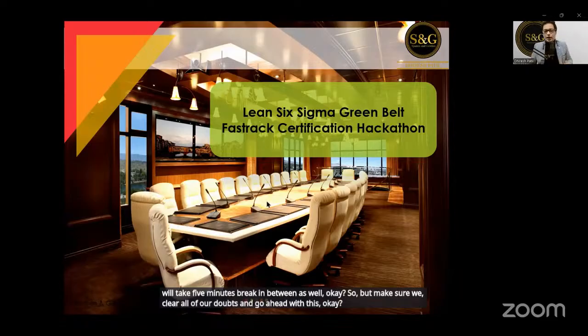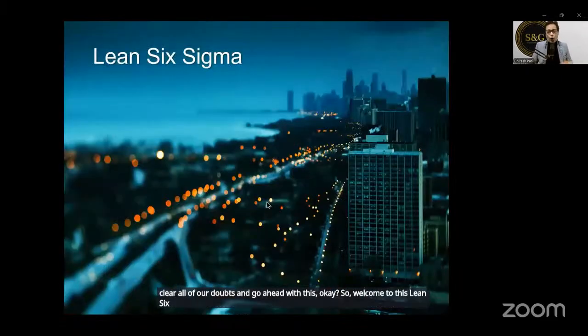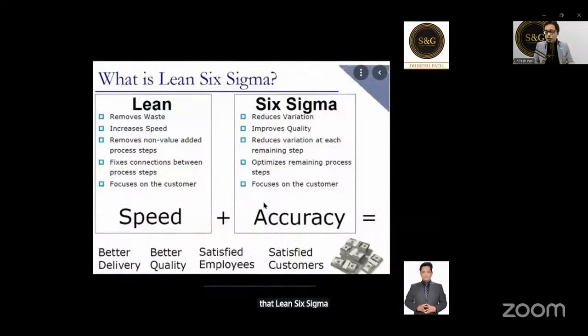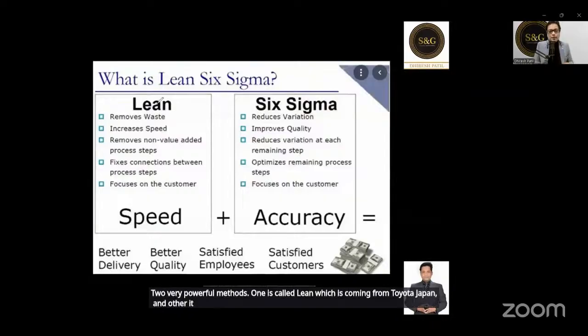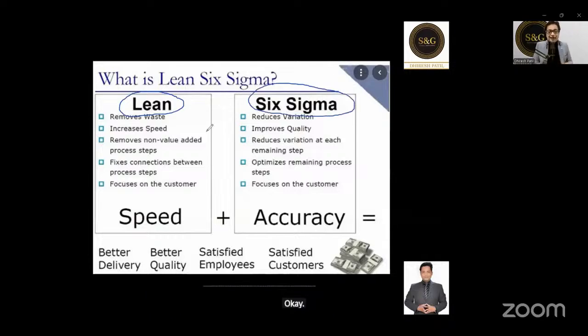Welcome to this Lean Six Sigma journey. All of us know that Lean Six Sigma is a combination of two very powerful methods. One is called Lean, which comes from Toyota, Japan, and the other is called Six Sigma, which comes from Motorola, US. Lean basically removes the waste from the system. We all know TIMWOOD, right?